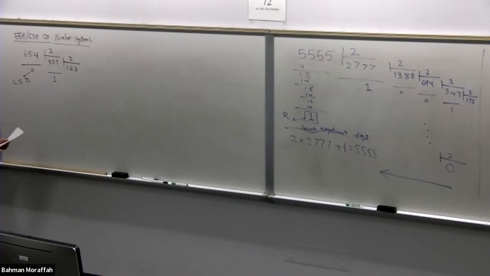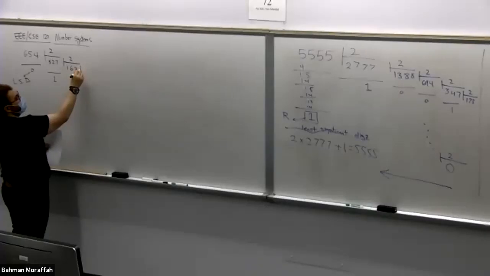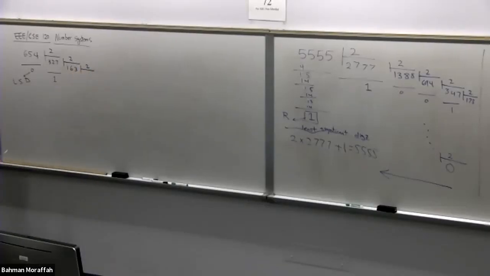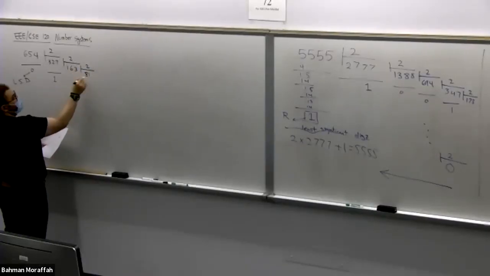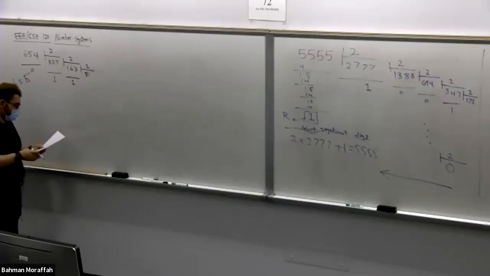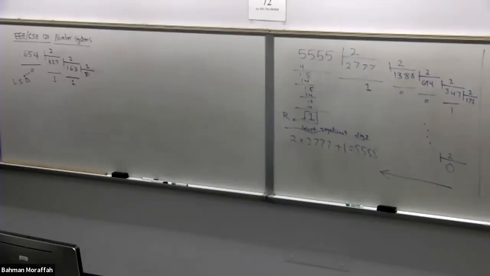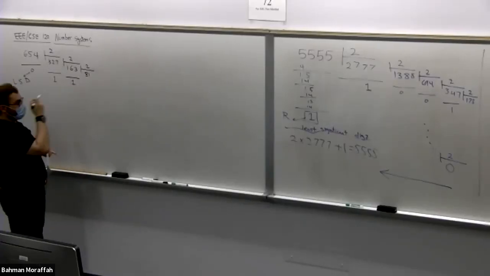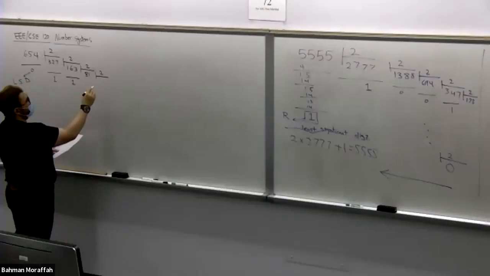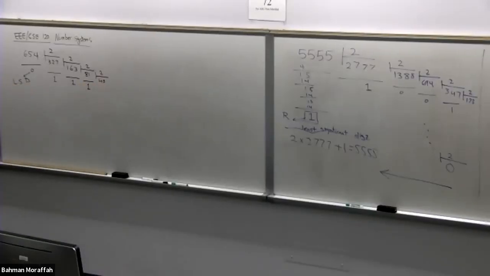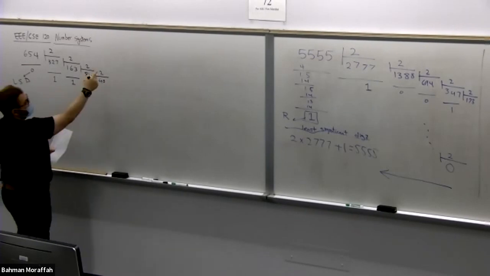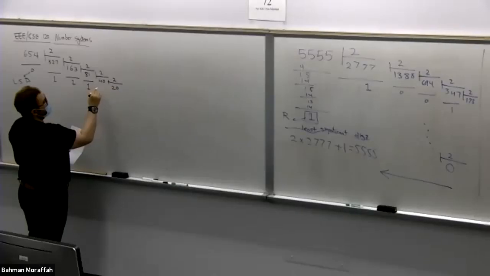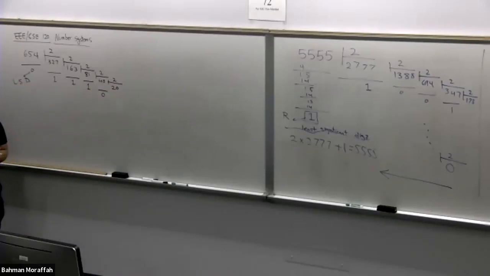Again, this number is bigger than 2, so I divide it by 2, that's 81, and the remainder is 1. Again, 81 is bigger than 2, I divide it by 2, I get 40, and the remainder is 1. 40 is bigger than 2, divided by 2, I get a remainder of 0.